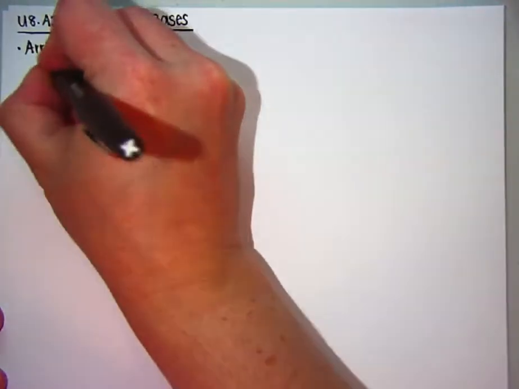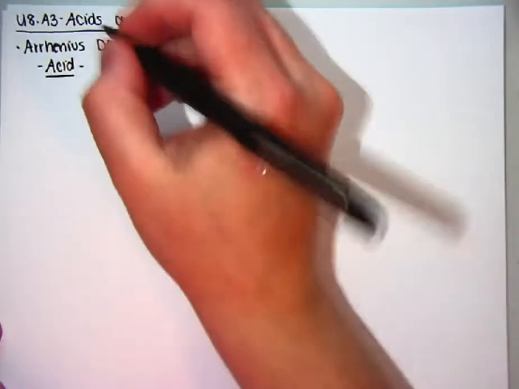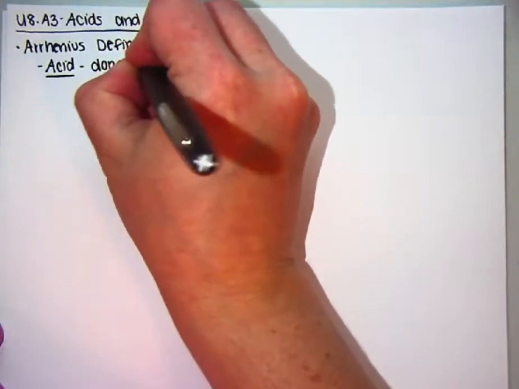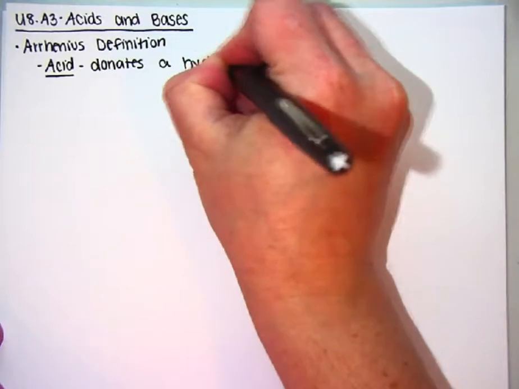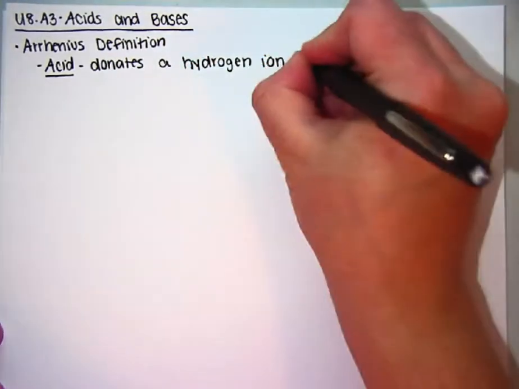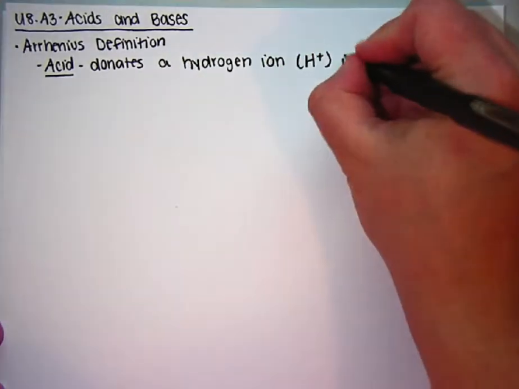So the Arrhenius definition of an acid is that an acid donates a hydrogen ion, H+, in water.